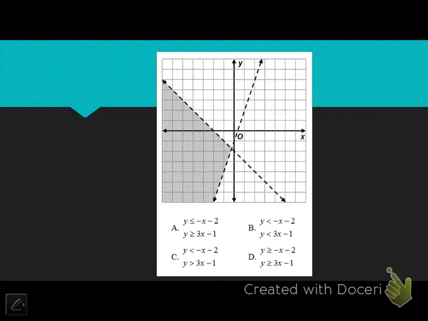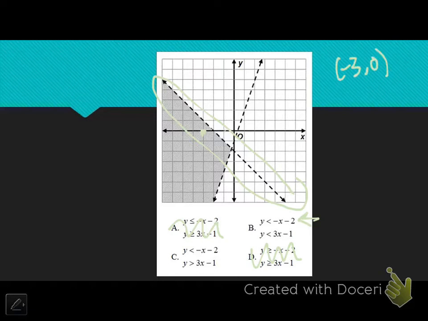Okay. So it looks like they're both dashed, so we can eliminate A and D. Now let's take a look at this line first. It looks like it starts at negative 2, so that's this top line. Let's pick a point that we know is true. How about 0, 1, 2, negative 3, 0, right there.